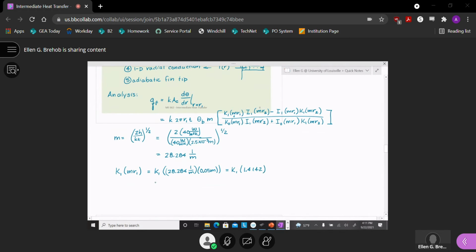Okay, so I think I mentioned the other day, in Excel I would do equals Bessel, and then I take K, and then I need my argument.